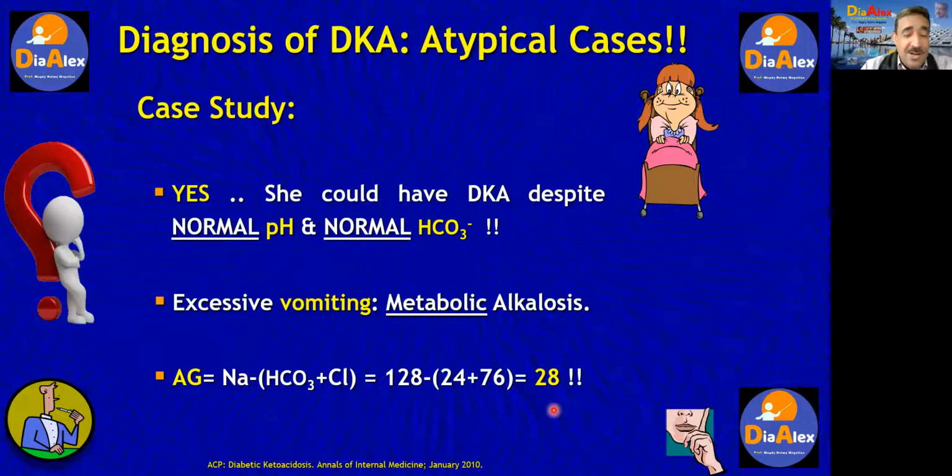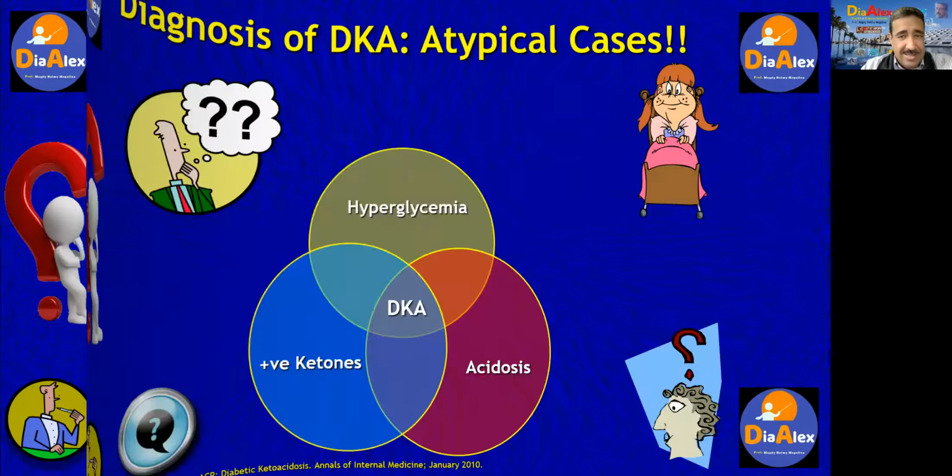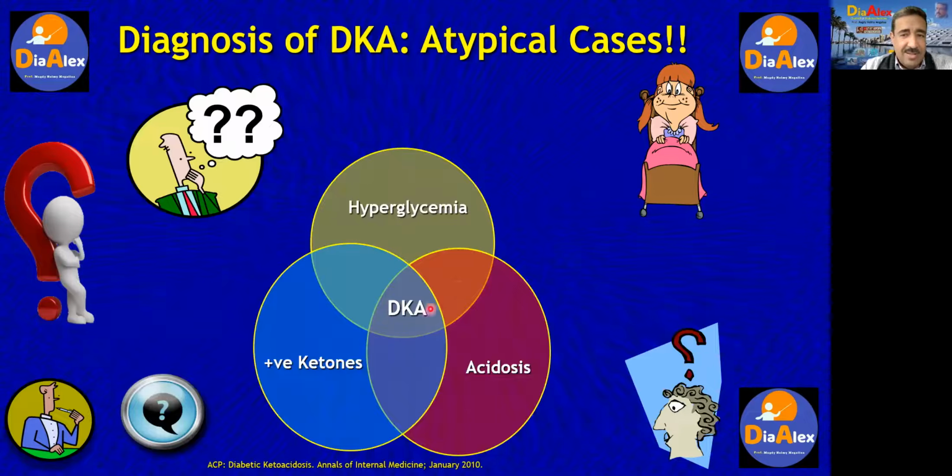So the patient here has diabetic ketoacidosis, but the metabolic alkalosis is masking the metabolic acidosis, which makes it a very difficult patient to diagnose. But the answer here is yes.